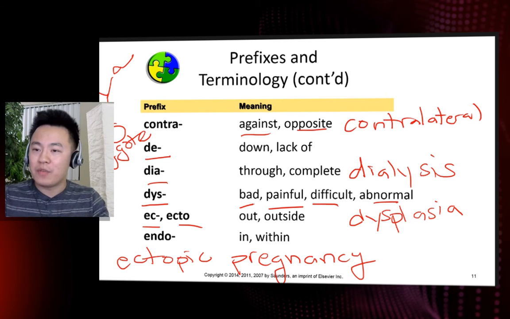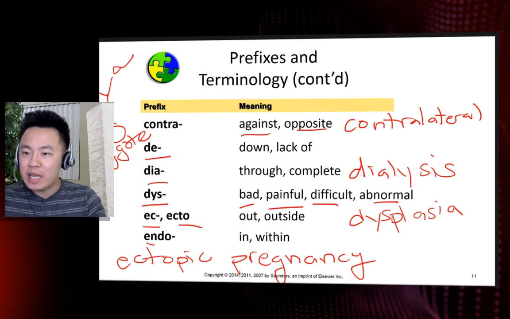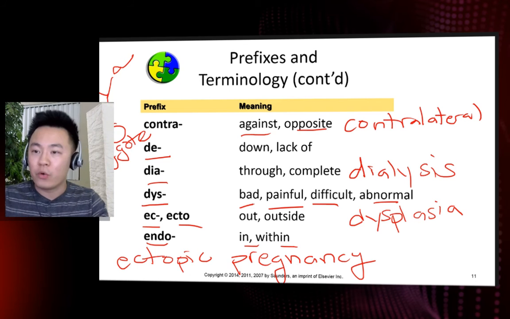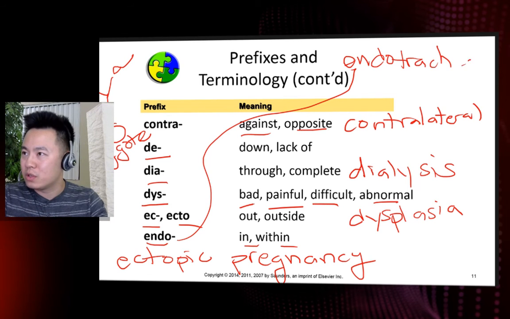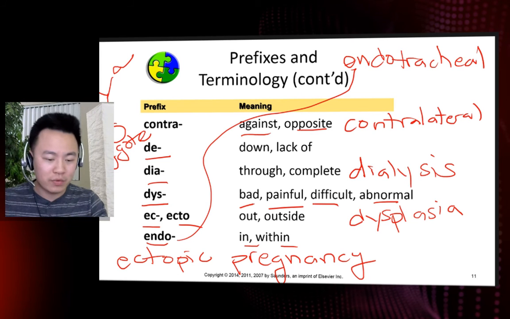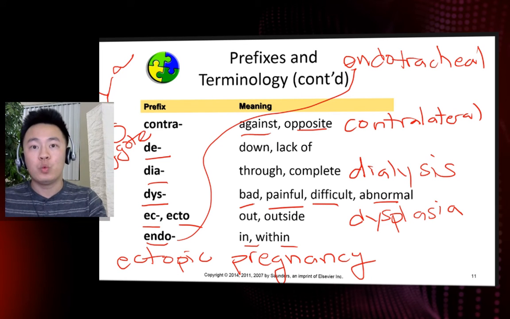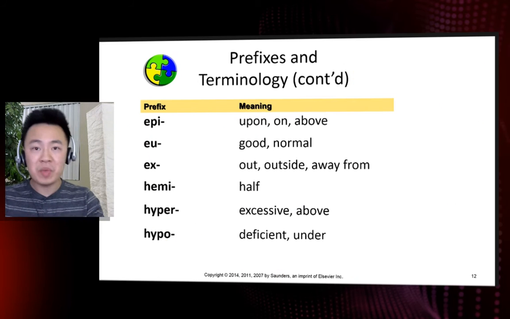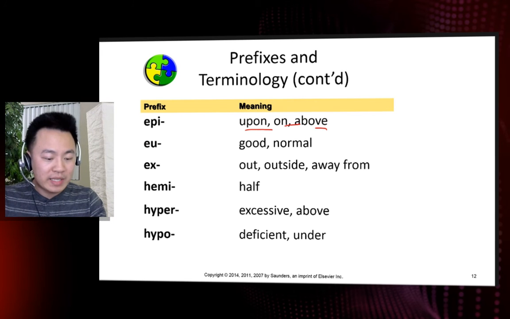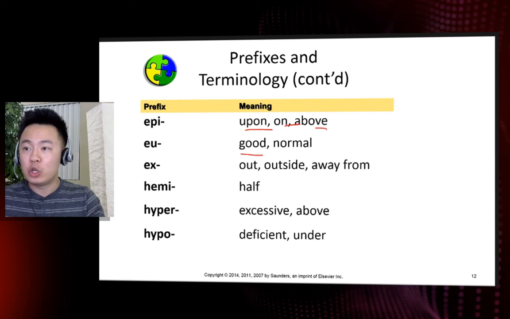We also have here endo, which means in or within. For example, endotracheal, which means pertaining to within the windpipe. All right. Epi means up, on, or above. We definitely have eu, which means good or normal.